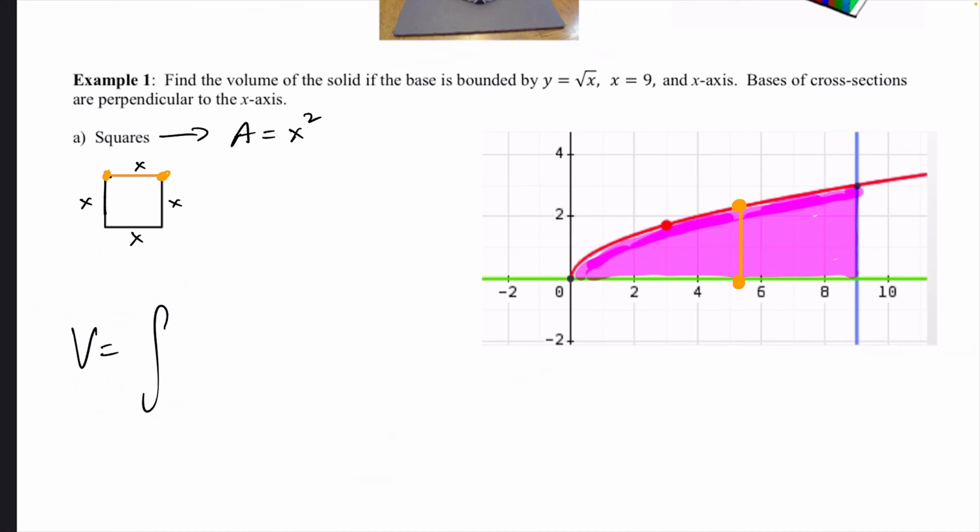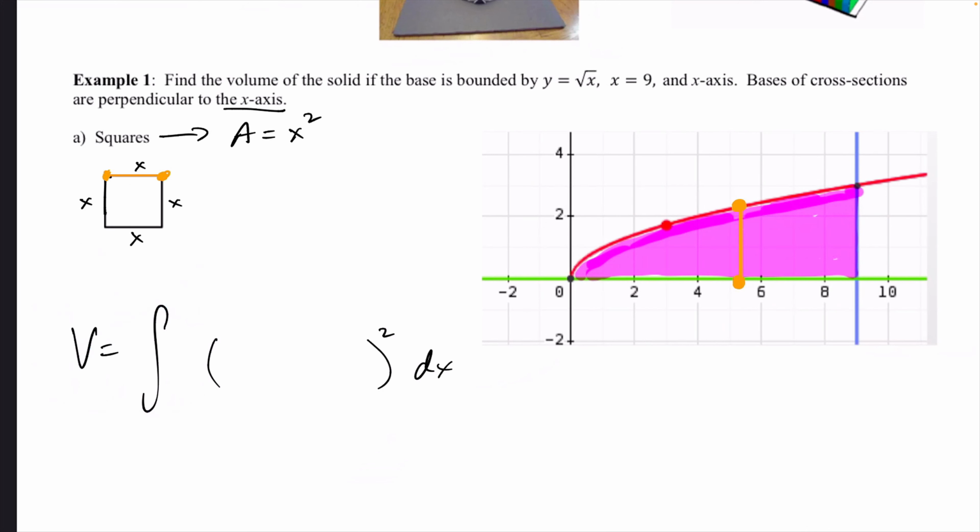Okay, and it's coming out, there's a square here. Okay? So the area is one side squared, right? And is this going to be dx or dy? Dx, because it's perpendicular to the x-axis.